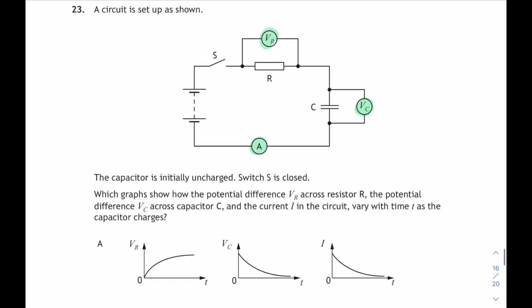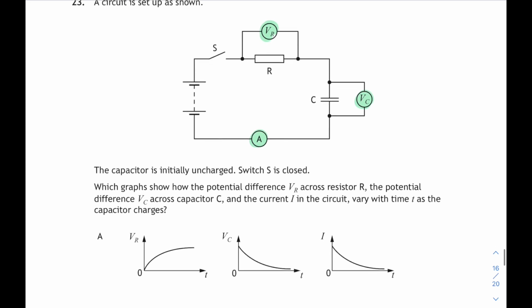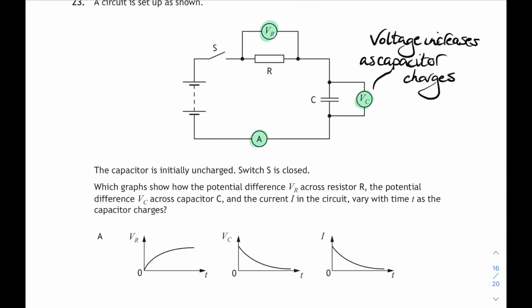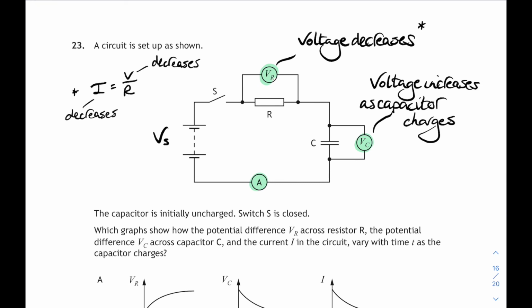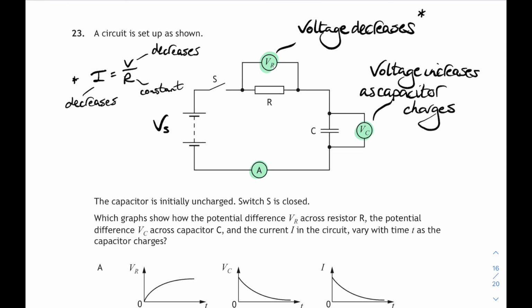It's probably easiest to start with the voltmeter across the capacitor, because as the capacitor charges, the voltage across it will increase. And if that voltage is increasing, then the voltage across the resistor will decrease. And since the supply voltage is constant, if the voltage across the resistor decreases, then the current must decrease.